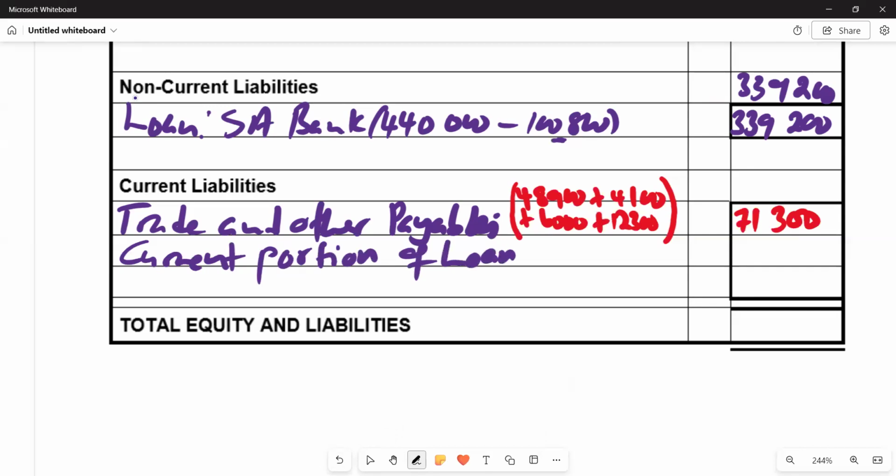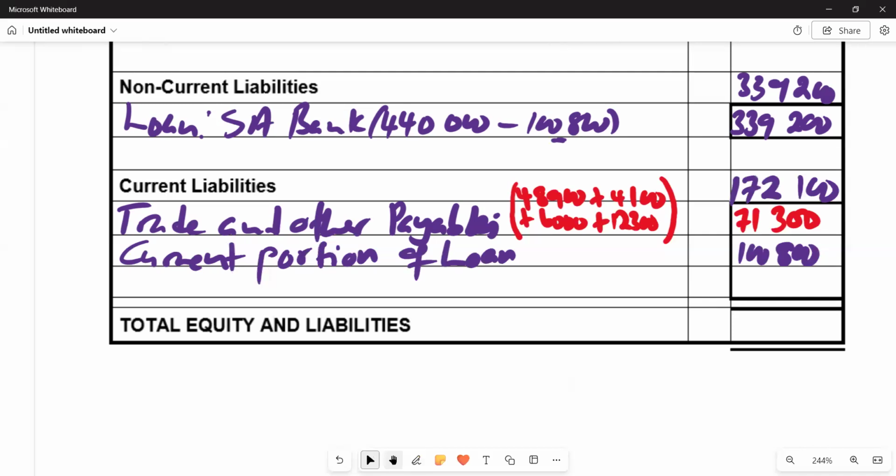So on current portion of loan, we're just taking this figure, 100,800. That is our current portion of loan. So we have exhausted our current liabilities. We can now add 71,300 plus 100,800, and we are going to get the total amount of 172,100, which is our current liabilities.